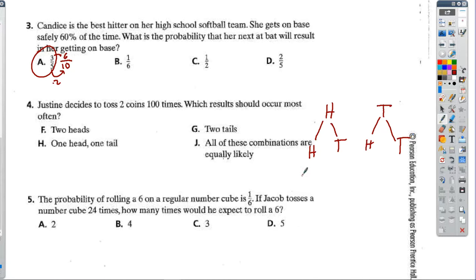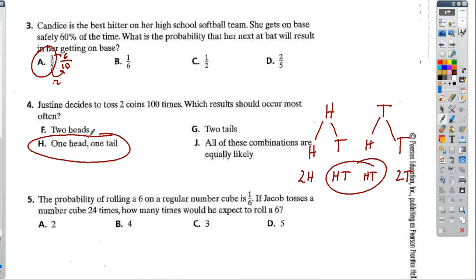So here I have 2 heads. Here I have 1 head and 1 tail. Here we have 1 head and 1 tail, because I don't care what order it happens. And here we have 2 tails. I have 1 of each twice, whereas I have 2 of a kind: 2 heads once and 2 tails once. So clearly 1 of each will happen the most often.